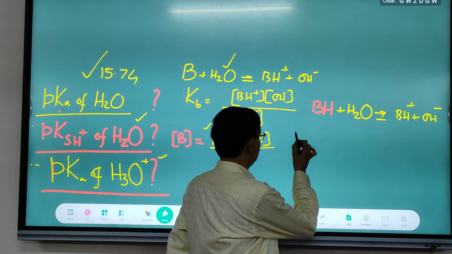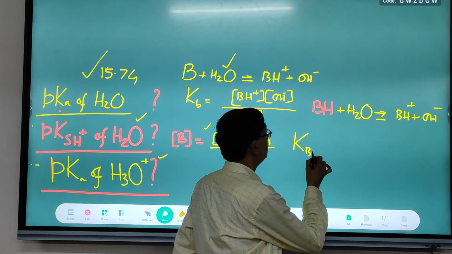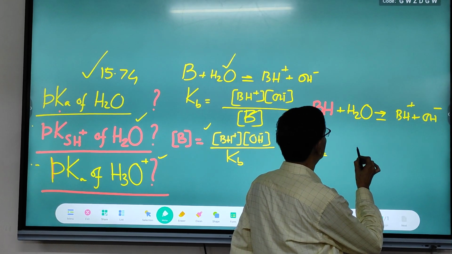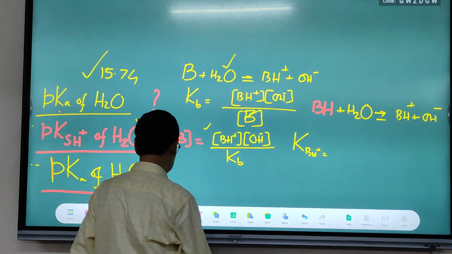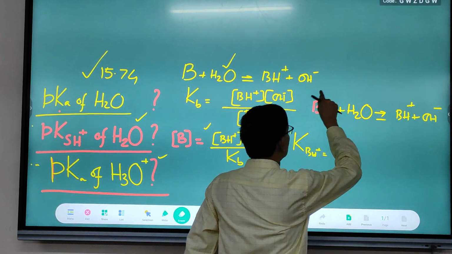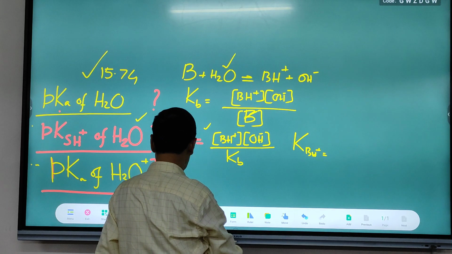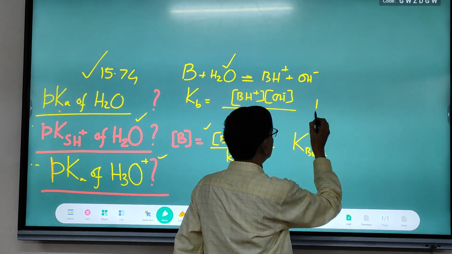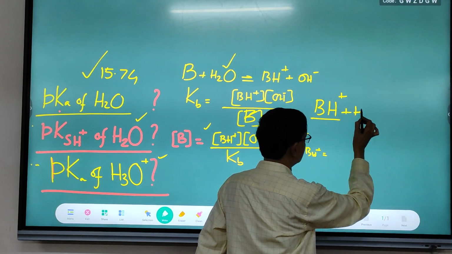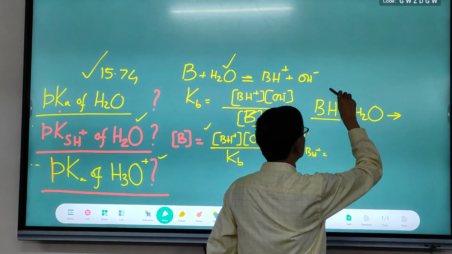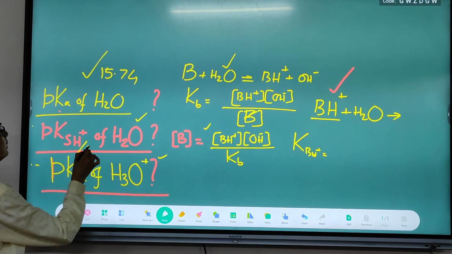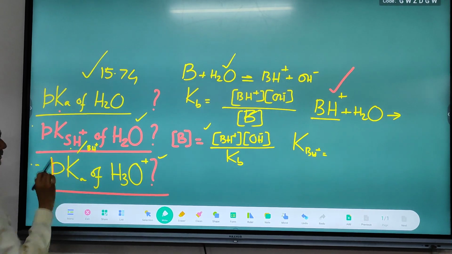So now I can write like that, KBH+ equal to... oh, just a minute. Because KBH, I should need BH+. So we have to determine this water. Because pKBH or SH, you can write even BH also, same thing, species or base.